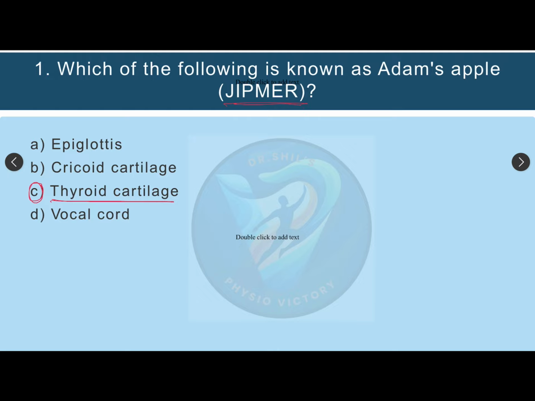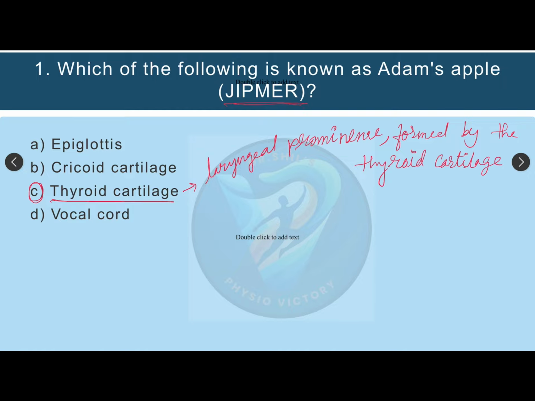So Adam's apple is the laryngeal prominence formed by the thyroid cartilage.